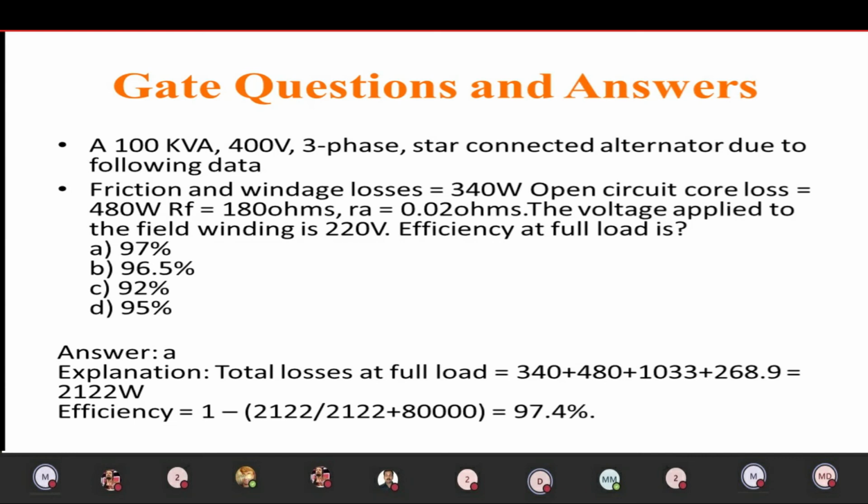So efficiency is equal to 1 minus 2122 divided by the losses plus total input, which is 97.4%.